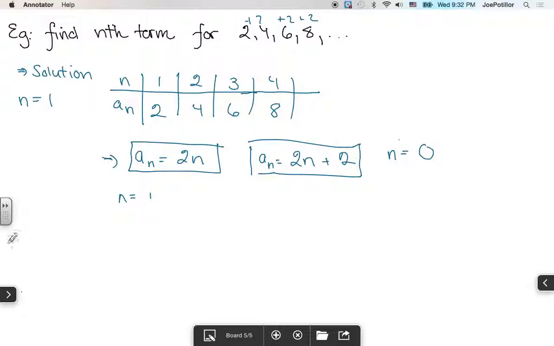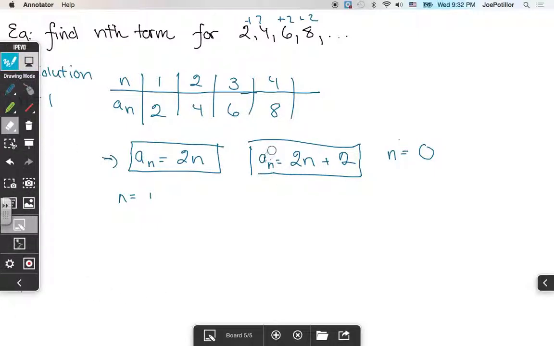Okay. So just define it as this and you'll be okay.